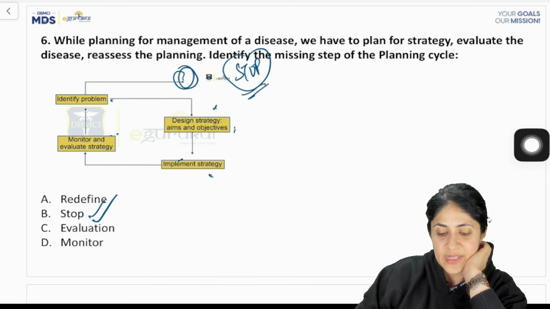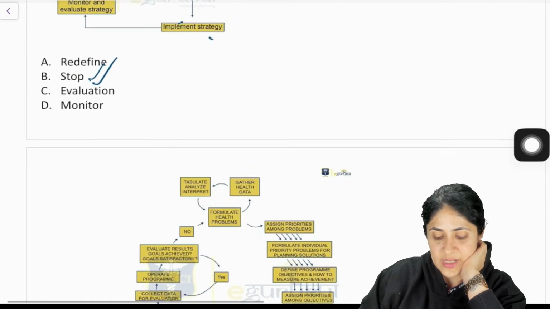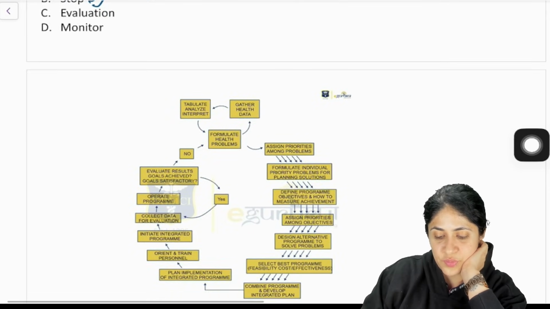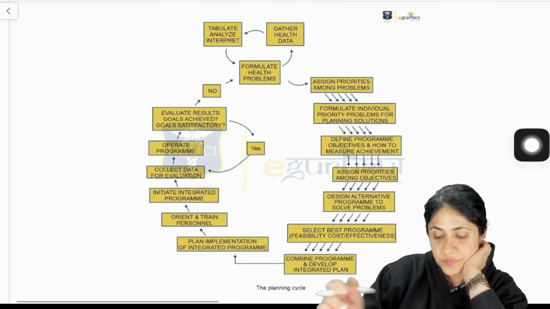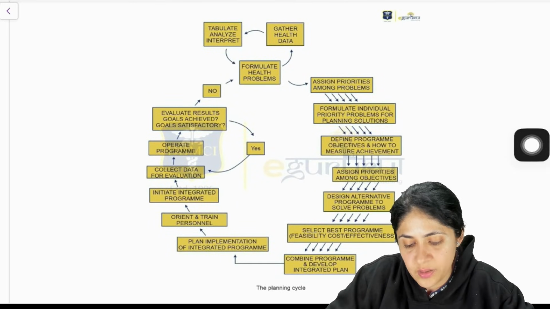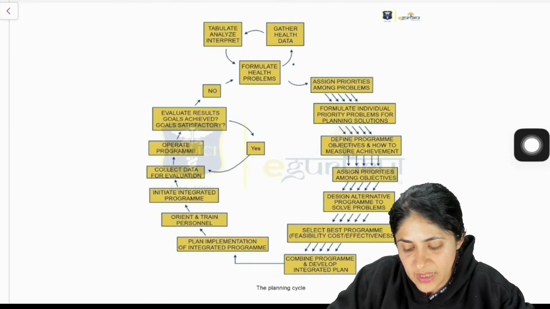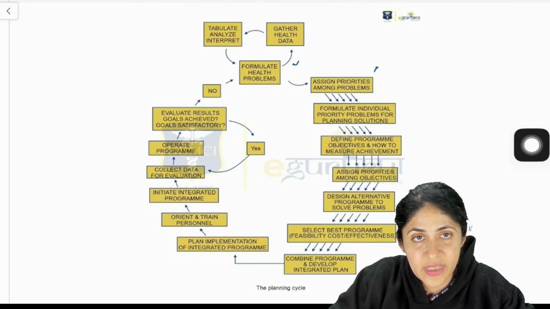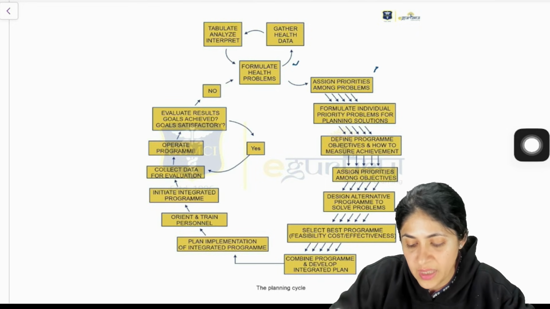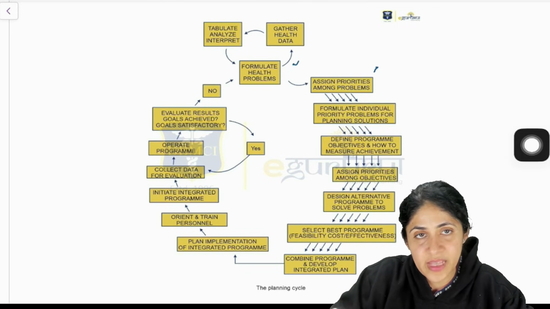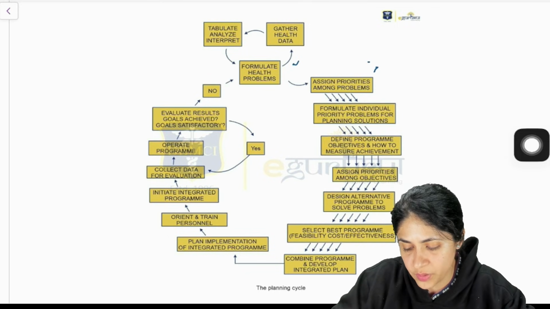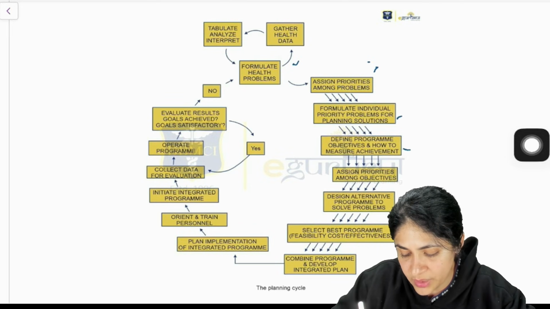The next question is also the main planning cycle which was taught to you. First, formulate the health problems which are there. Assign the priority. What are the health problems that you have? Then among them, what are the priorities? From the health problems, which problems do you want to focus on? Then, which is the priority problem? Then, what are the aims and objectives to implement?